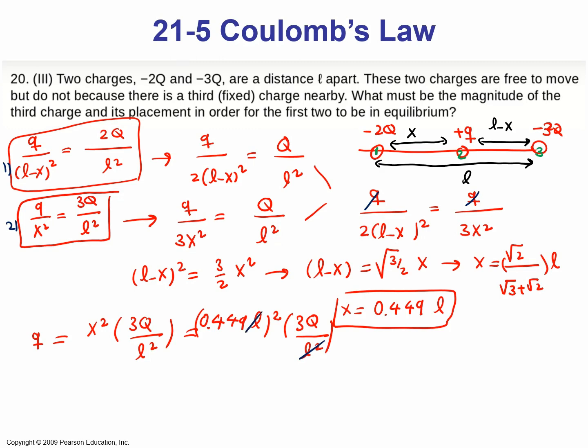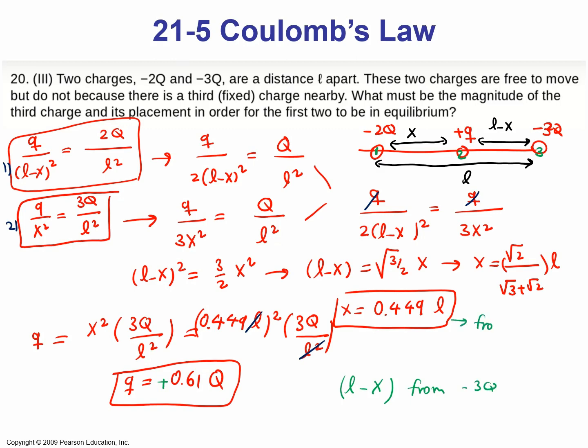What we will have is little q is equal to 0.61 capital Q. So the positive charge that you will have in the middle between these two negative charges is 0.61 capital Q, and the distance is 0.449 L with respect to charge minus 2Q, and we can say L minus X from charge minus 3Q. So this is the distance from charge minus 2Q.